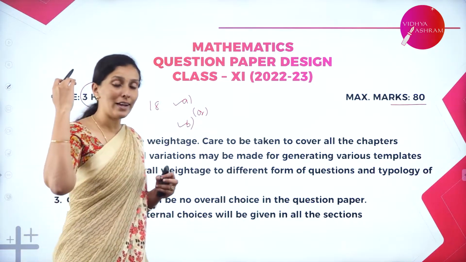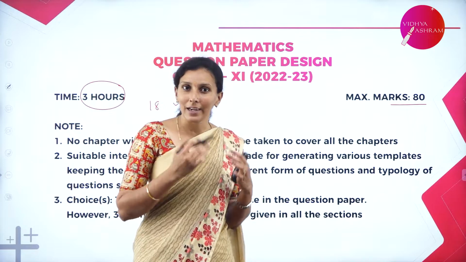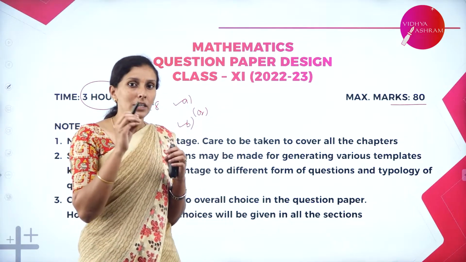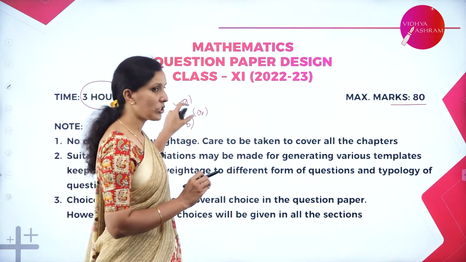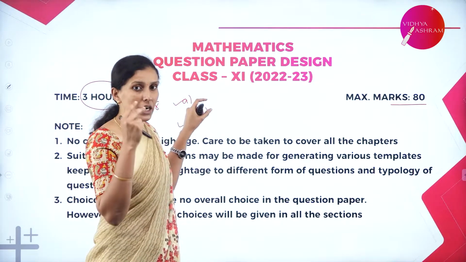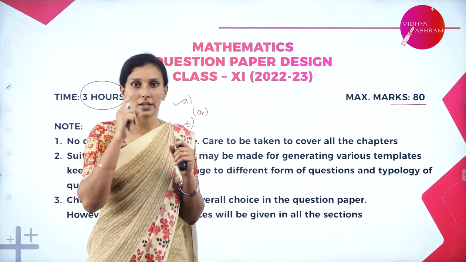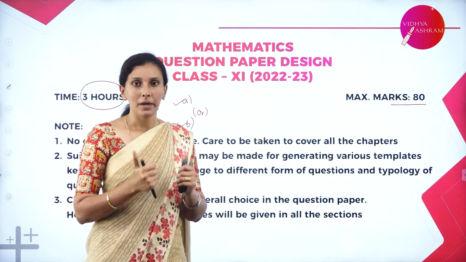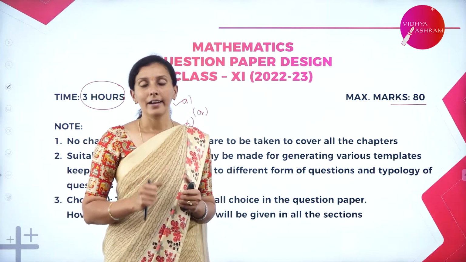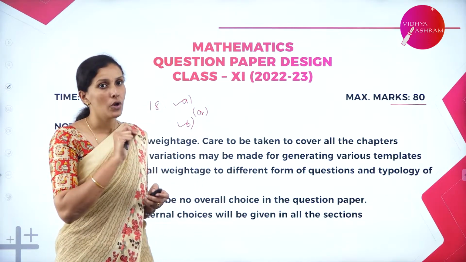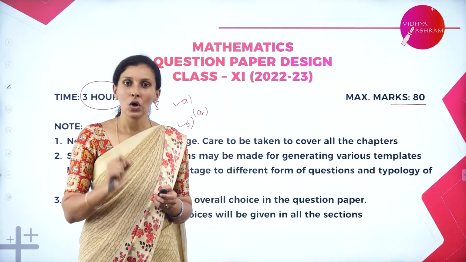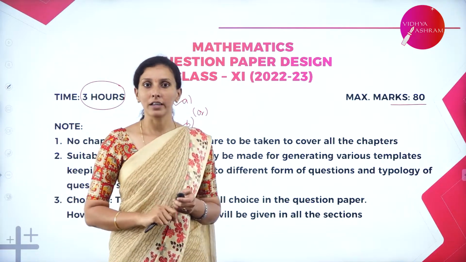That is, you need to attend all the questions in the entire question paper, but 33% internal choices will be given, where a few questions have two sub-questions, and of those two sub-questions you are supposed to answer only one sub-question. But you need to attend all the questions entirely. Do not leave any questions, because no extra questions are given here, only internal choices are given.